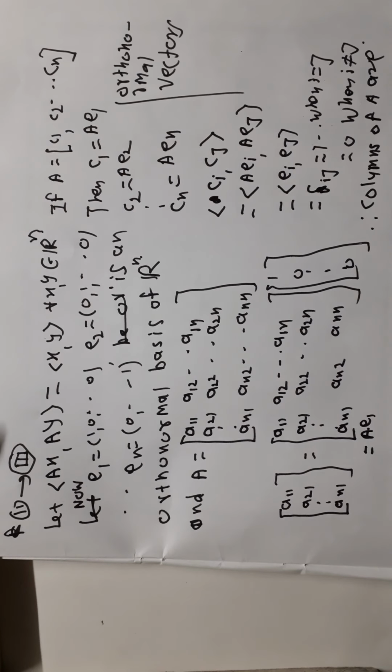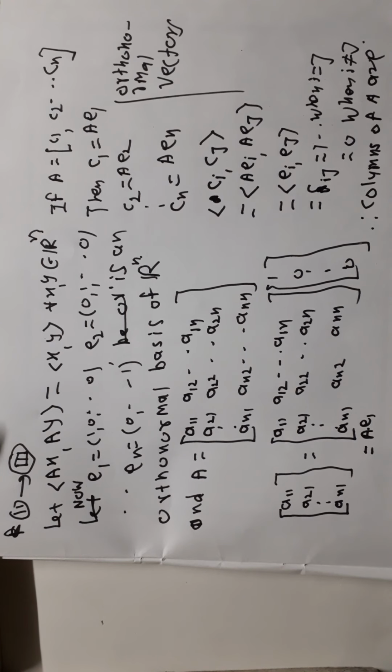आता इथे बघा, हे ऑर्थोनॉर्मल बेस E1 1,0,0, E2 0,1,0, En 0,0,1 हा Rn चा ऑर्थोनॉर्मल बेसिस आहे, हे आपल्याला माहीत आहे. आता मॅट्रिक्स A इज इक्वल टू A11 A12 A1n, A21 A22 A2n, An1 An2 Ann. Now A11 A21 An1 is equal to matrix A into E1.